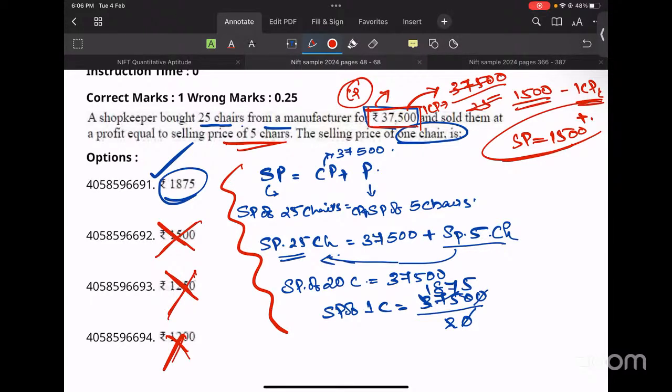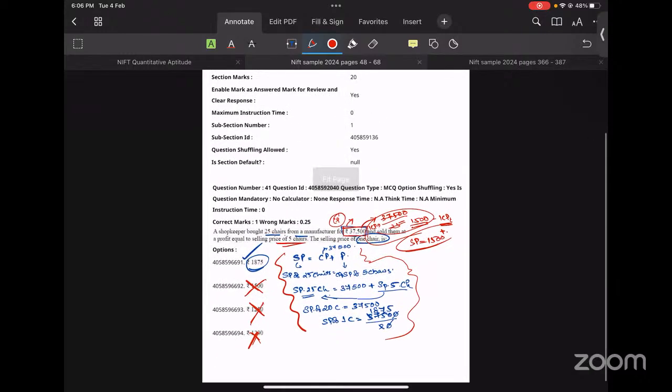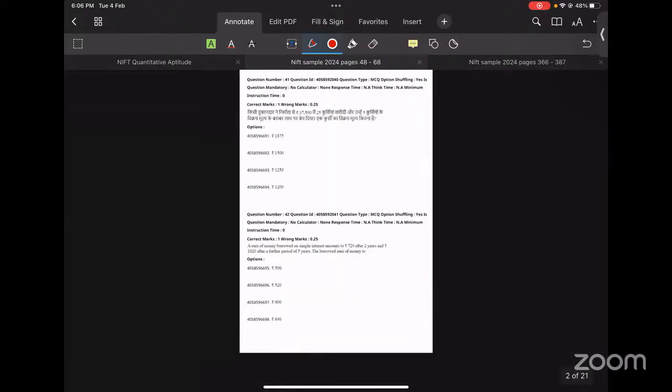If there are two options like 1600 and 1700, we will get stuck, but that is not the scenario here. If you get stuck there, you can use the other technique, or else you can simply try this. I think we can try another question over here.